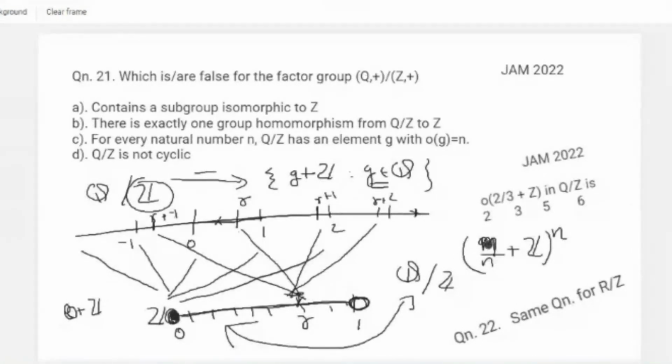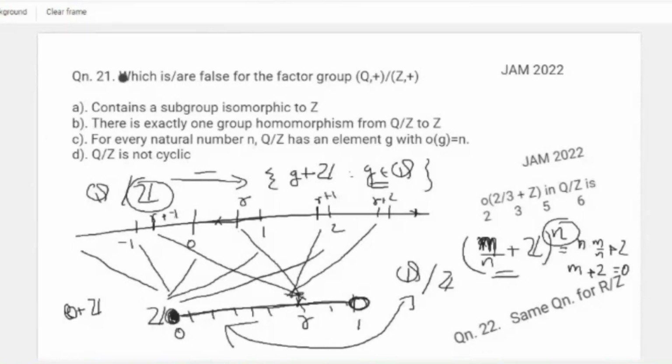So m by n plus m by n plus m by n, n times, plus Z. You apply the coset addition definition. What is n times m by n? That is m, an integer. So this is the identity element. That means every element has finite order. So this is a group of infinite order in which every element has finite order.